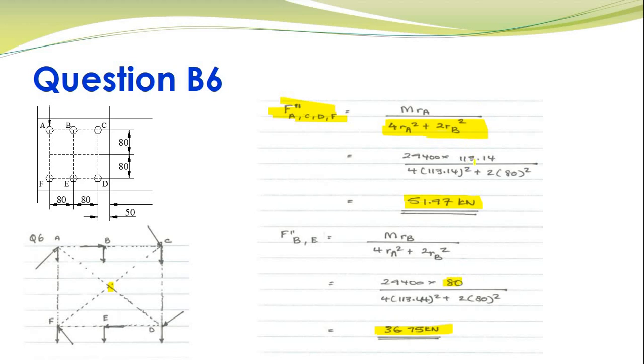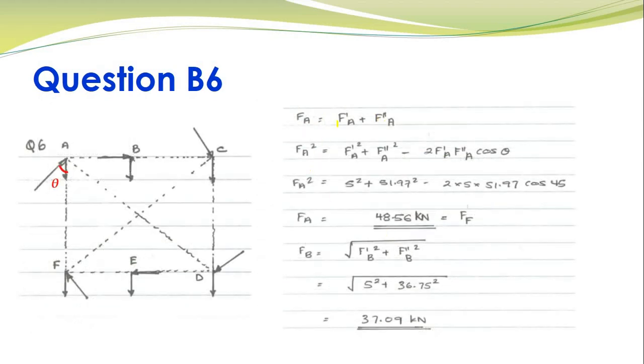So you've got 113.14 mm, but at the same time, instead of using my moment in the form of 29.4 kilonewton meter, I'm using 29,400. So in that sense this equates to these values, but I would advise you that you use everything in SI units.